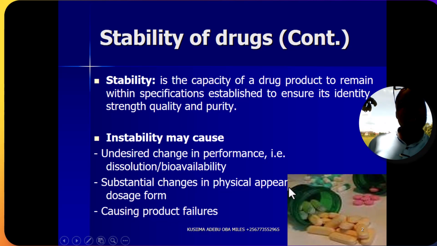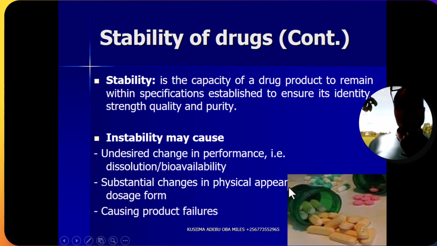If, for example, chemically, we do an assay, does it contain the same analyte that it possessed at the time of manufacture, the same quantity and also the same quality? When you talk of quality, products can degrade due to oxidation. Oxygen free radicals can cause oxidation and removal of some functional groups, and also hydration or hydrolysis can cause the removal of some functional groups.